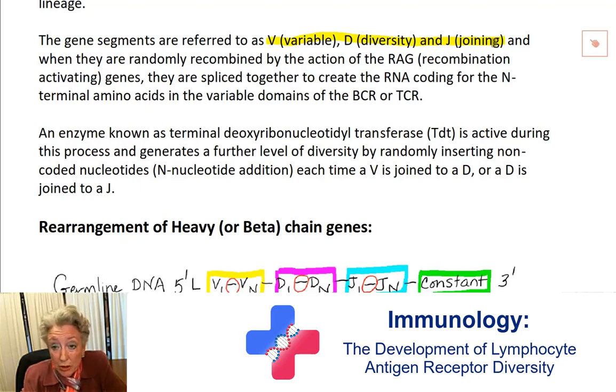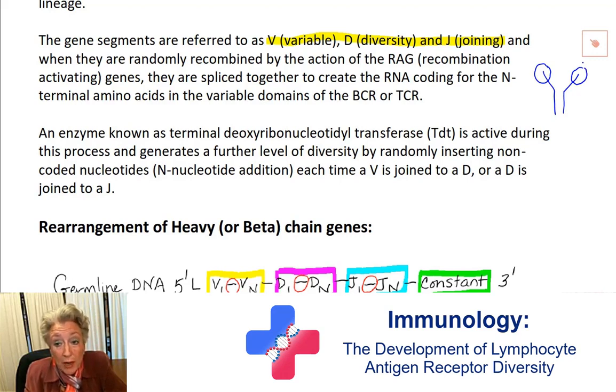You don't need to know how many there are, but let's just say there are hundreds of variable, diversity and joining segments. So you can imagine if they're each one slightly different in DNA sequence, they're going to generate a different sequence of amino acids. And remember that what we're trying to create here is the very N-terminal end, the variable domain of the molecule.